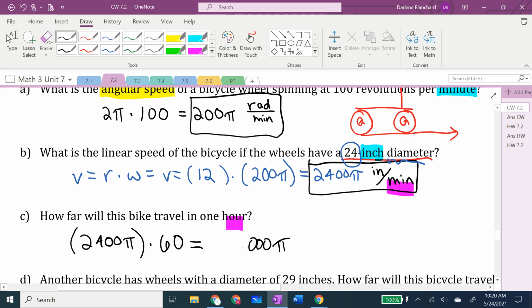Mine said 452,389 point. Oh, you've got the decimal numbers. Hold on. You have the pi in it. Oh, you need to have the pi in it. Just tell me the number again. I asked Siri, so this disappeared on me. Does anyone have it? What is 6 times 24?